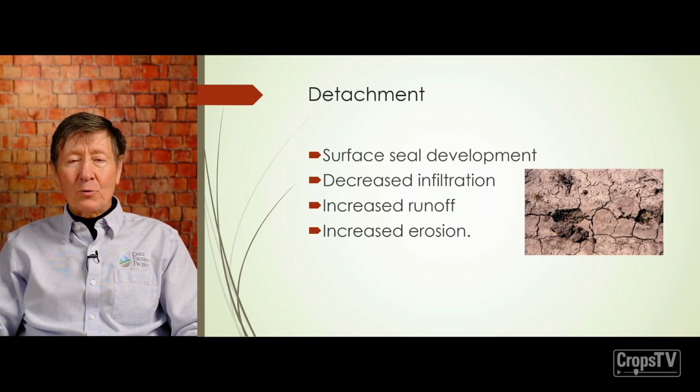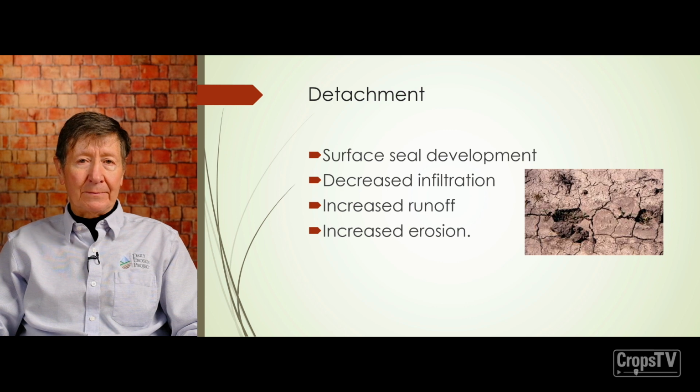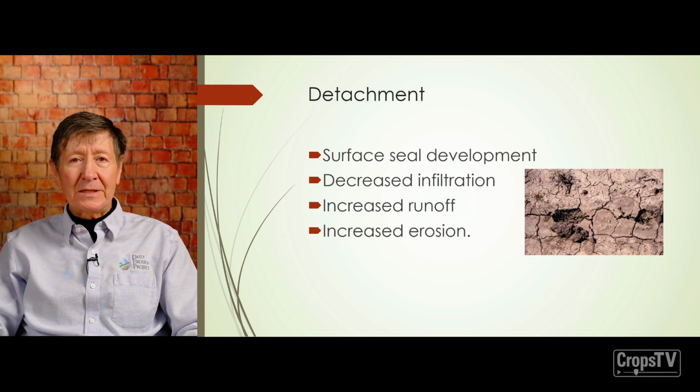Increased runoff increases the transport potential and ultimately increases soil erosion. It has negative impacts on emergence of crops, especially those like soybeans. Stopping detachment, intercepting falling rainfall, is the most important thing you can do to control soil erosion losses.